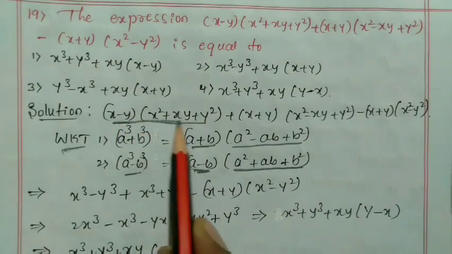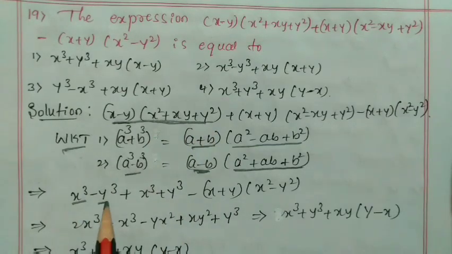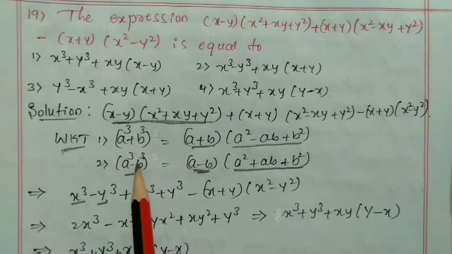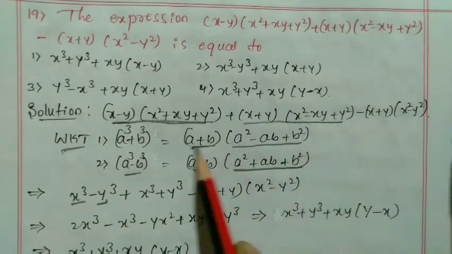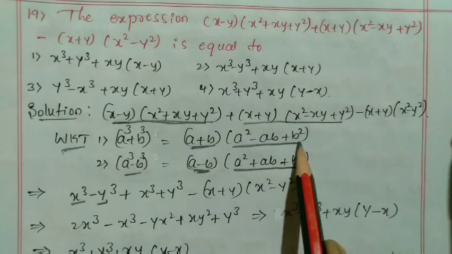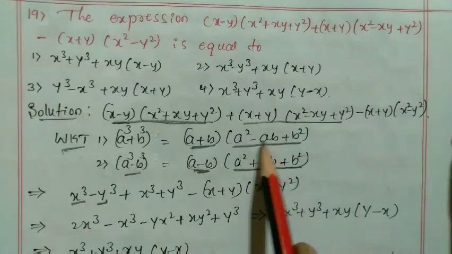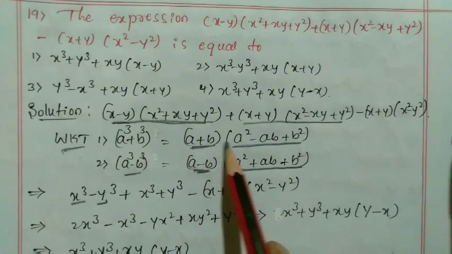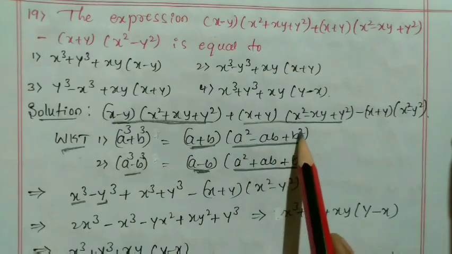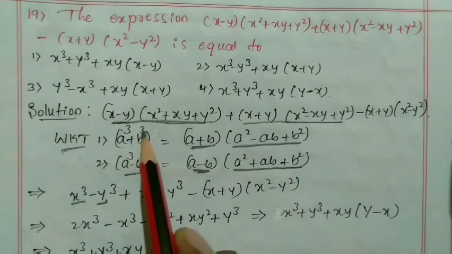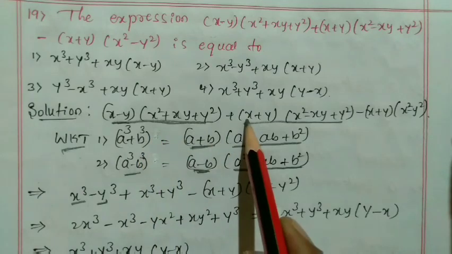So here, in place of this you can write x cube minus y cube, because of this formula. Plus, this is in the form of a plus b into a square minus ab plus b square. So a plus b into a square minus ab plus b square means you can write a cube plus b cube.